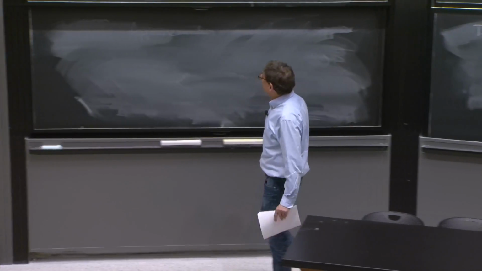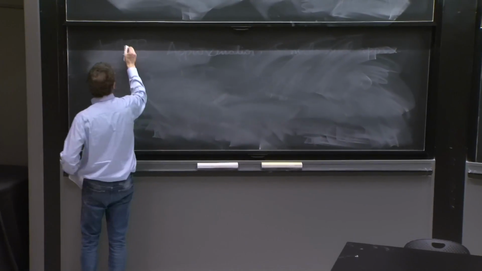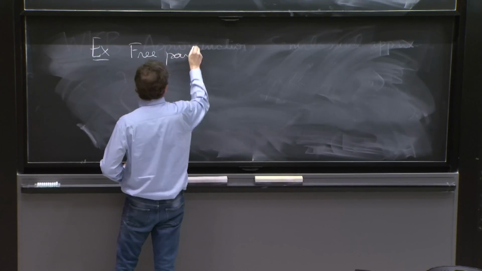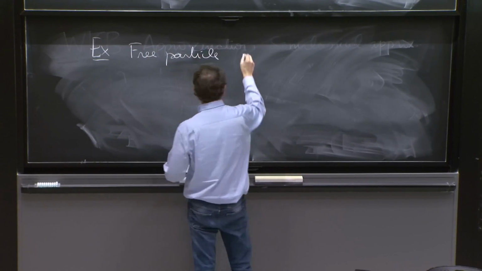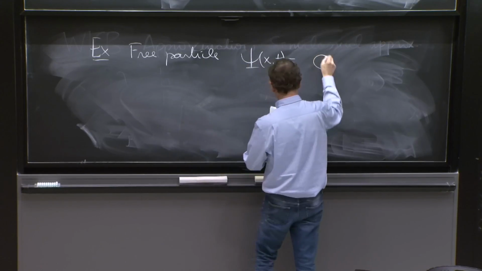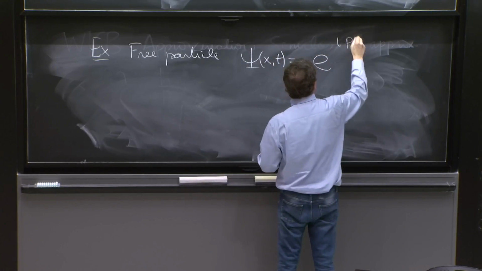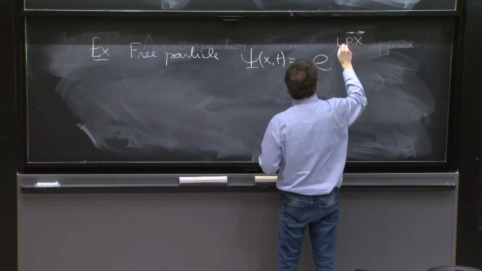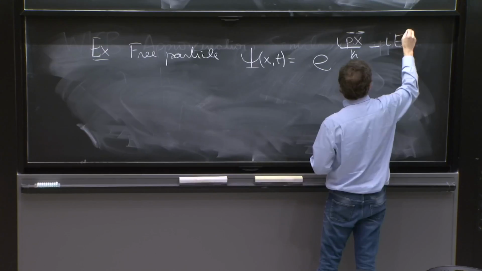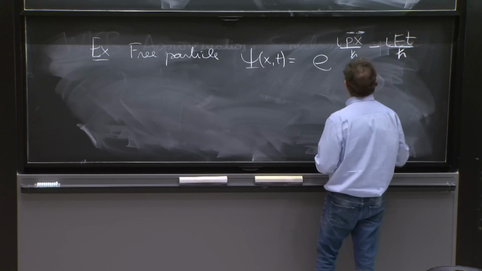Let me give you an example and conclude with that. If you have a free particle, you have a wave function psi of x and t, which is e to the i p x over h bar times e to the minus i E t over h bar.